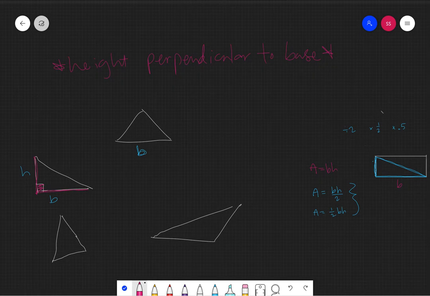But it also has to go from the highest point of our triangle. So it couldn't just go like that because, yes, that's perpendicular, but we don't know where the top of our triangle is. Okay. So we're going to go from basically the tip of our triangle, drop a line that's perpendicular to the base, and voila, we have our height.